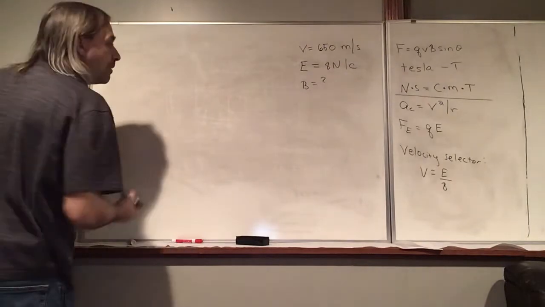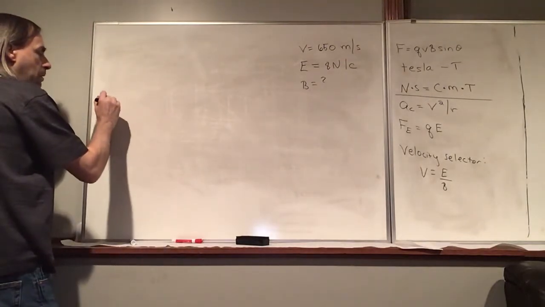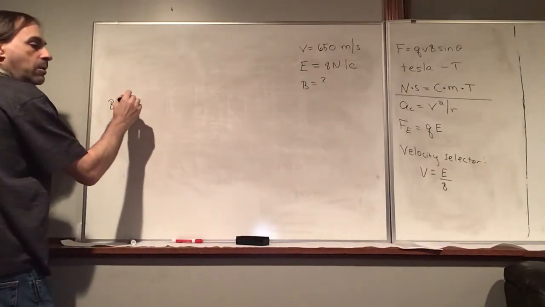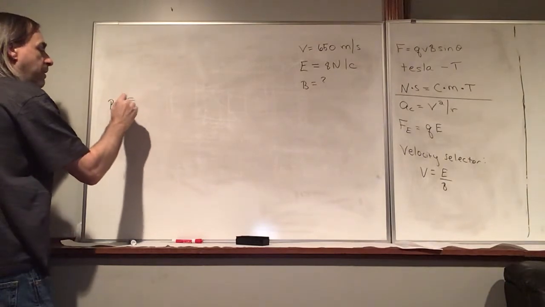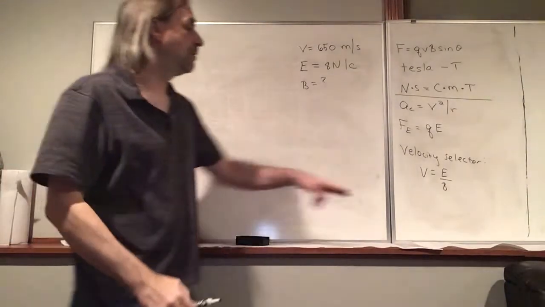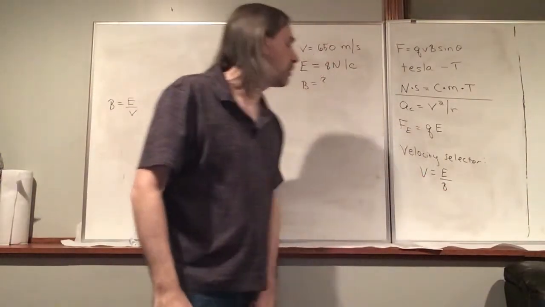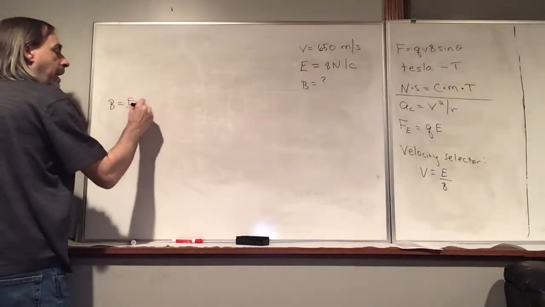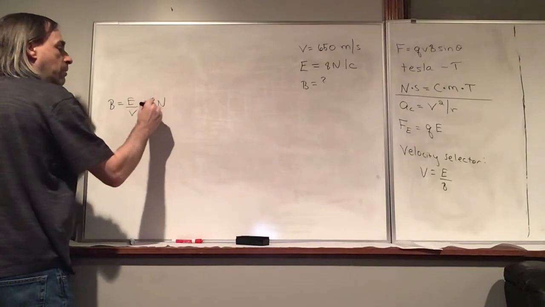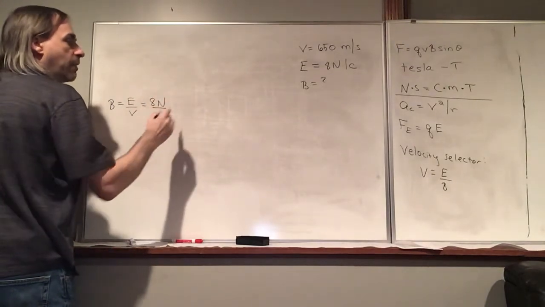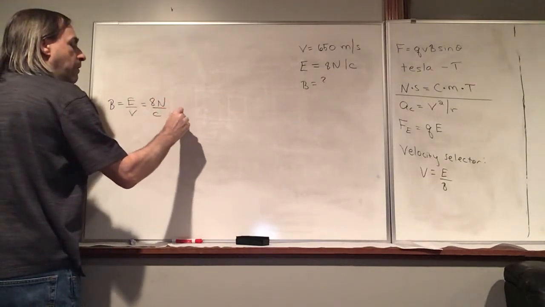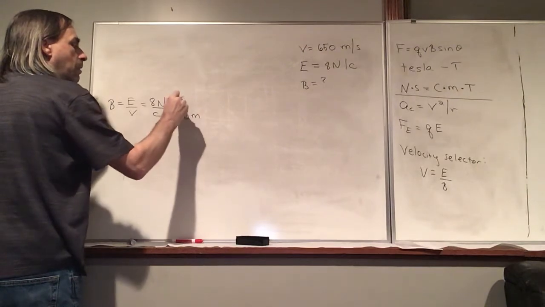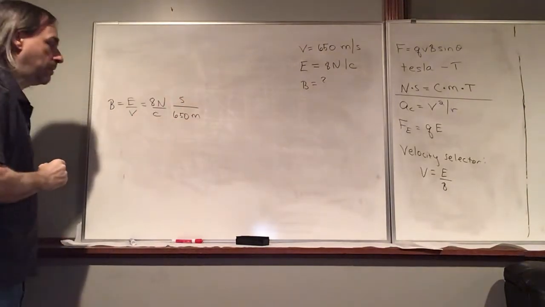But let's do that. So we have B equals E over V, just by moving things around. Move B over here, V over there. Okay, so let's plug in the numbers. We have 8 newtons per coulomb. The velocity is 650 meters per second.